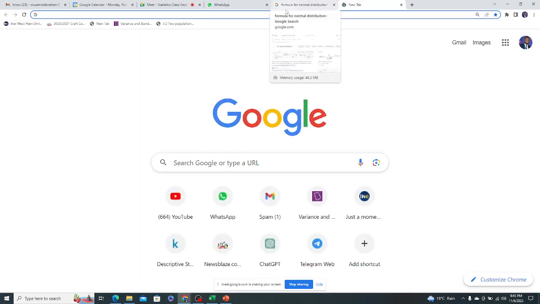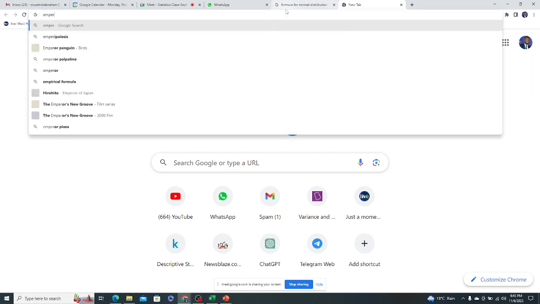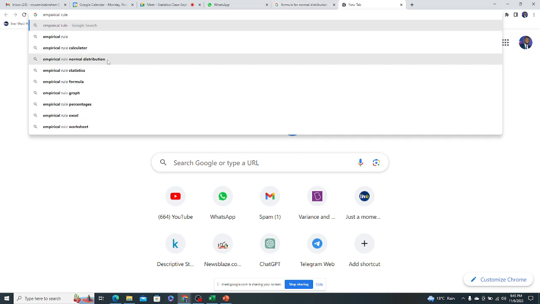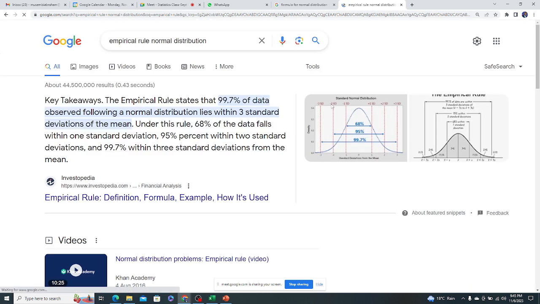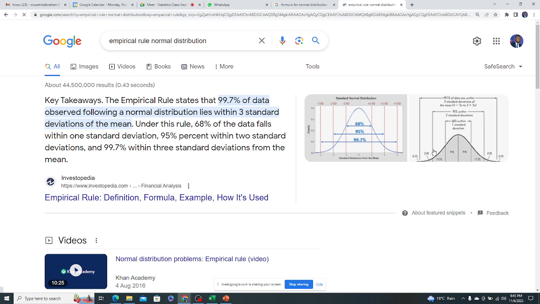There is a graph which usually shows the empirical rule of the normal distribution.